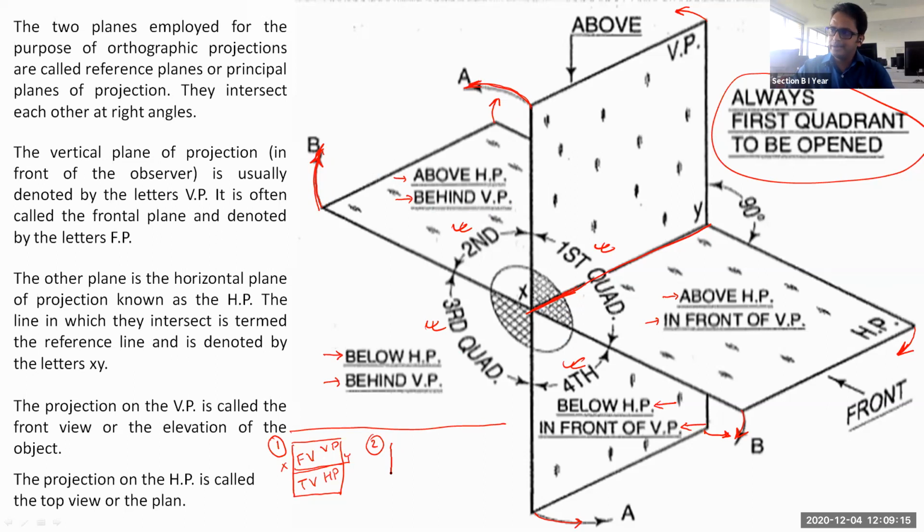So what you will get is overlapping surfaces. This will be your X, this will be your Y, representing this reference line. The vertical plane as well as the horizontal plane will be overlapping on each other. It will not be below your reference line. This is for when the object is placed in second quadrant.